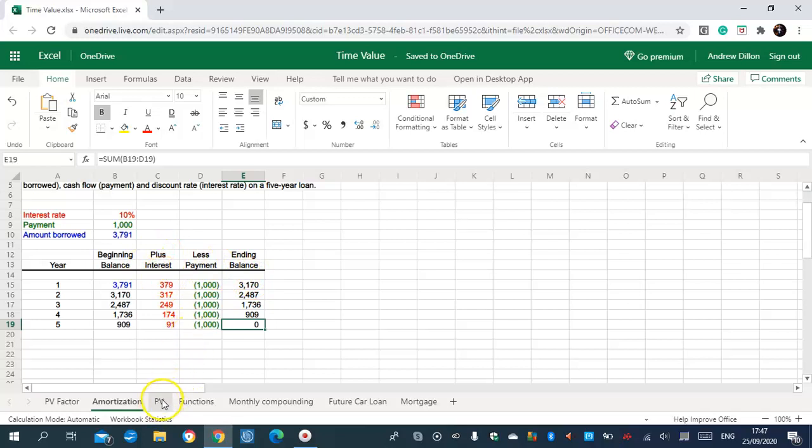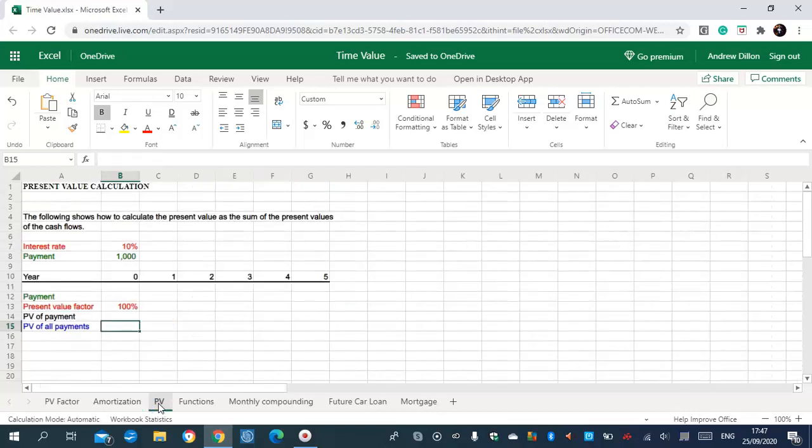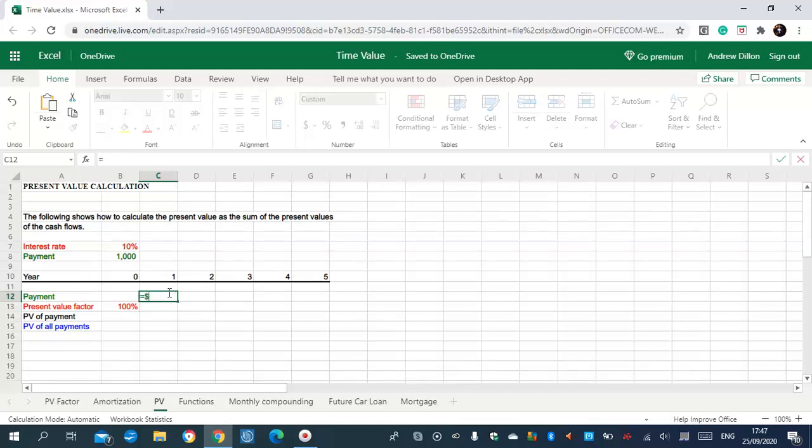So let's move on, go to the PV, present value sheet. The following shows how to calculate the present value as the sum of the present values of the cash flow. So I have to calculate the payments. That relates to the payments.